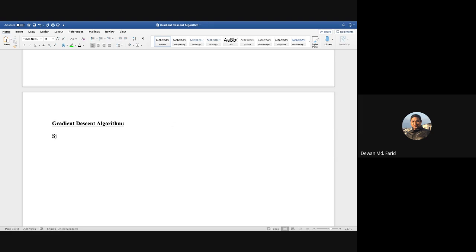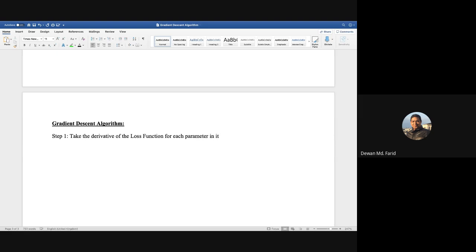Step 1, take the derivative of the loss function for each parameter. Parameter is our weights, right?